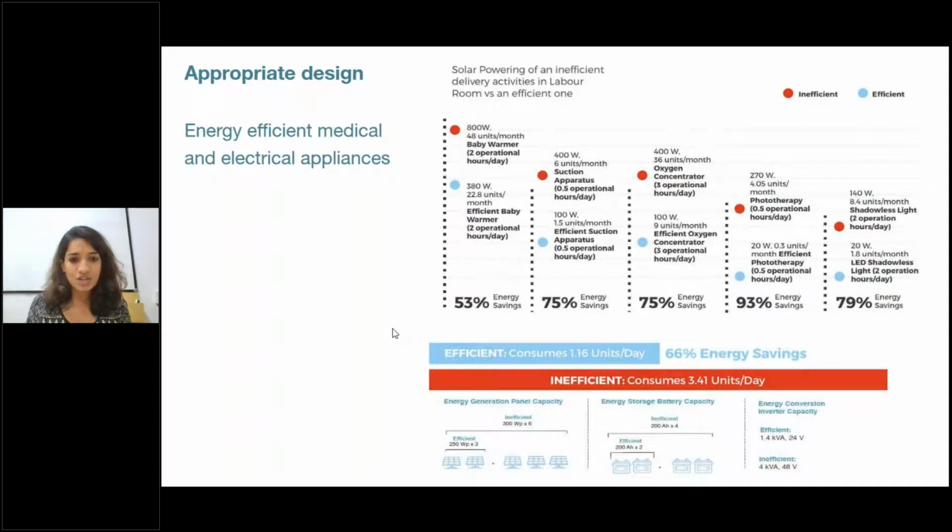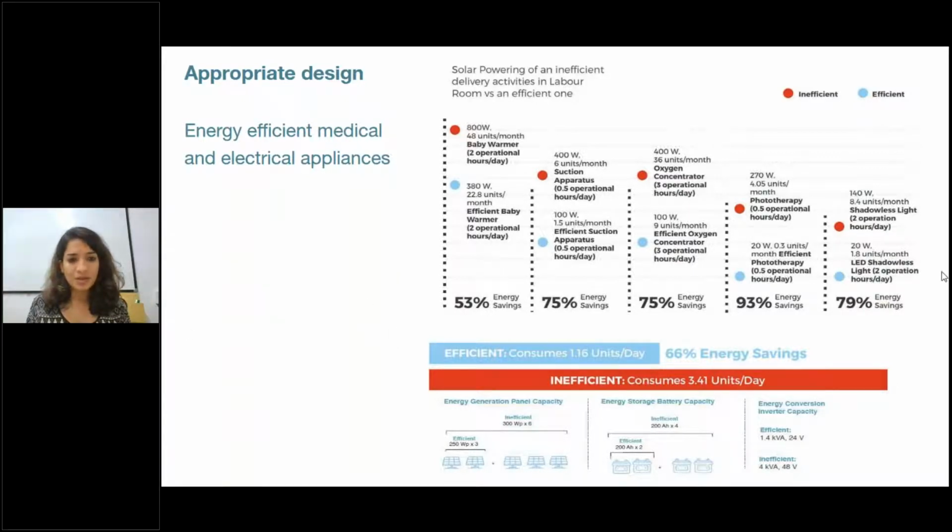Going in today and just powering the existing facility and the appliances that are currently there can be extremely inefficient and therefore also contribute to increasing the total expenditure, not just for today, but the recurring expenditure of powering the healthcare facility or keeping it running, right?